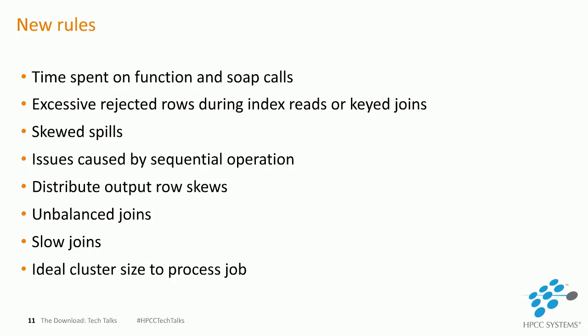We expect the time taken by function calls and SOAP calls to be fairly consistent. When there's a blip and let's say some calls take considerably longer, there could be a problem. So the analyzer could look out for these unusual response times for functions and SOAP calls.